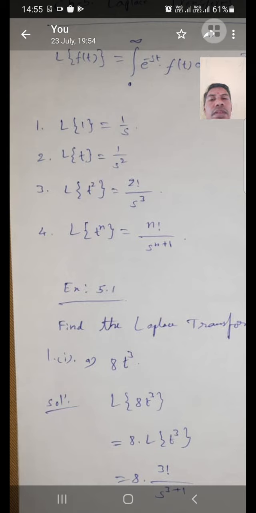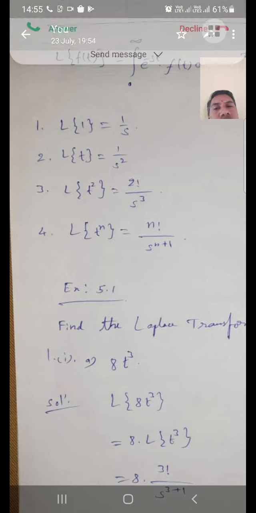Here 4 are given. Laplace transformation of 1 equals 1 by s. Laplace transformation of t equals 1 by s square. Laplace transformation of t square equals 2 factorial by s power 3.